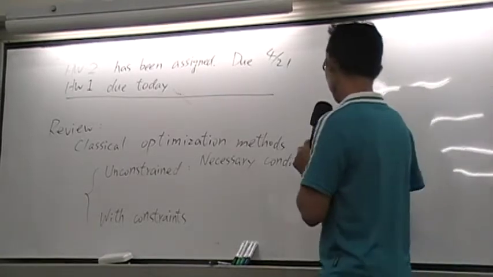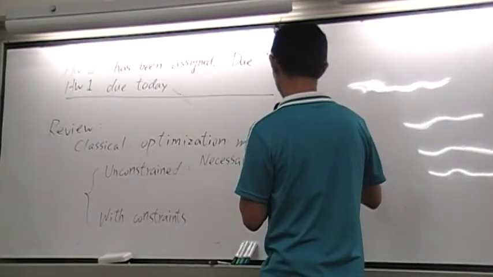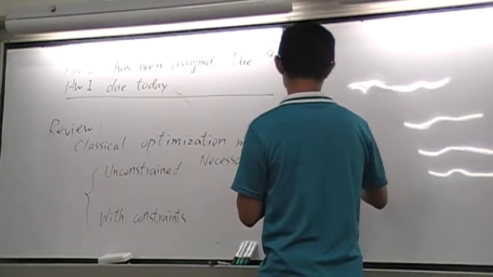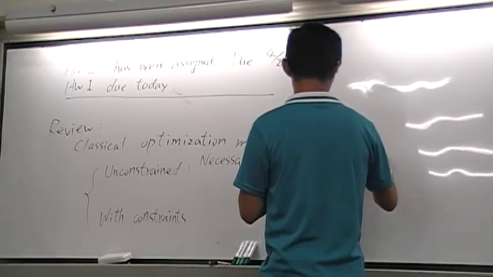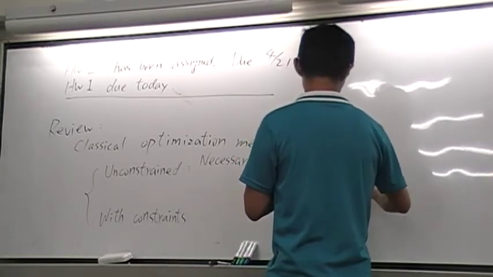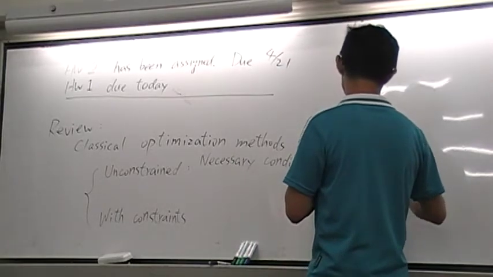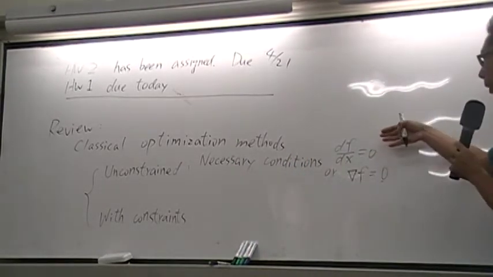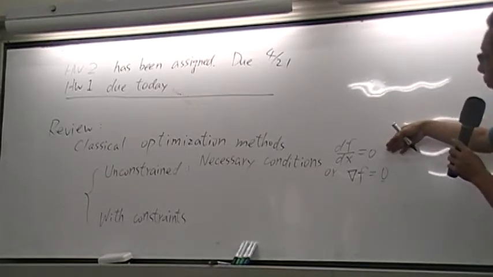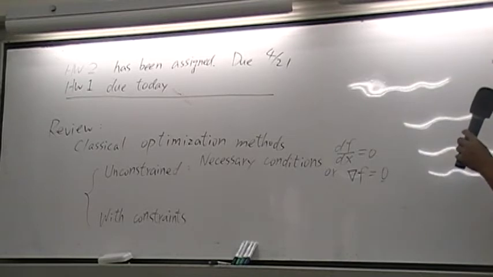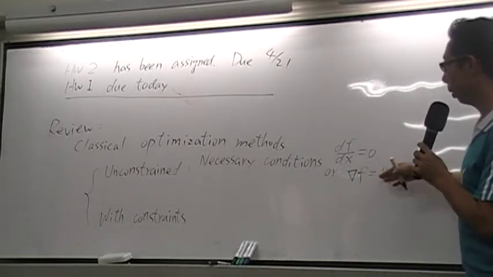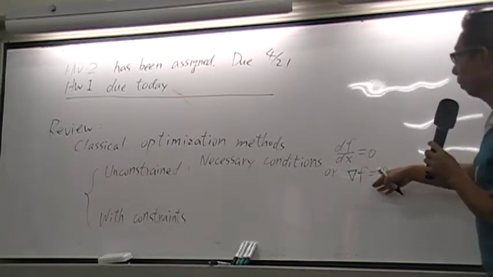Okay, so the necessary conditions in 1D is like df/dx equals 0, or in ND we have the gradient vector being a 0 vector. Okay, so it's for a one-dimensional problem. If we have only one variable, this is what we need for the necessary condition. But if we have n variables, then using the gradient vector, taking partial.